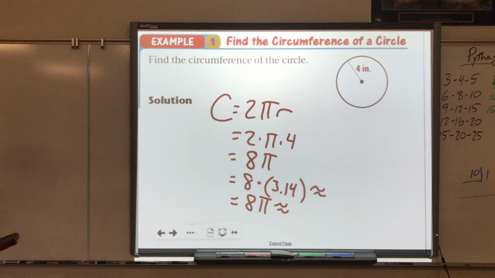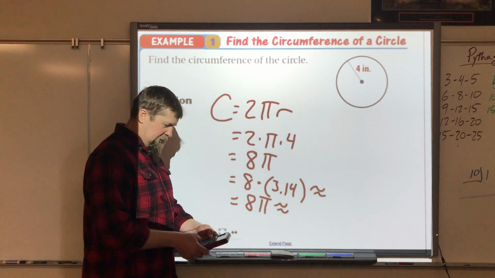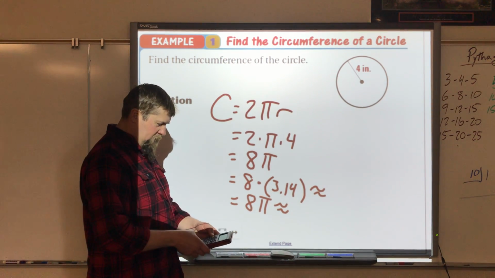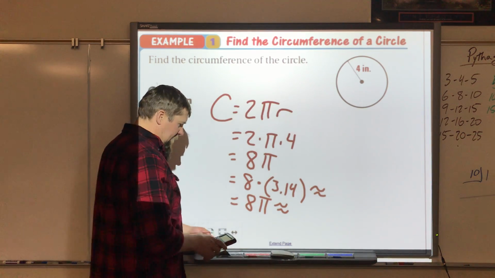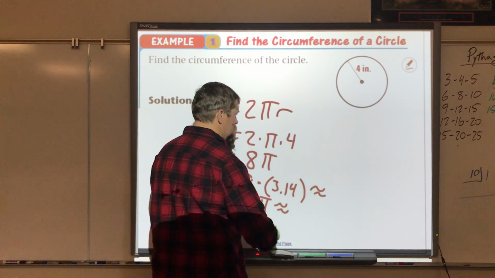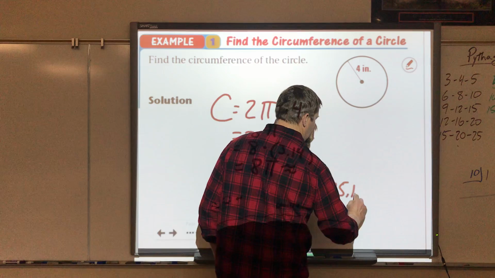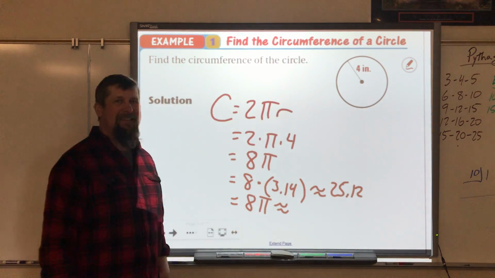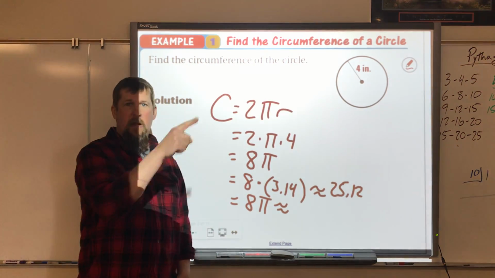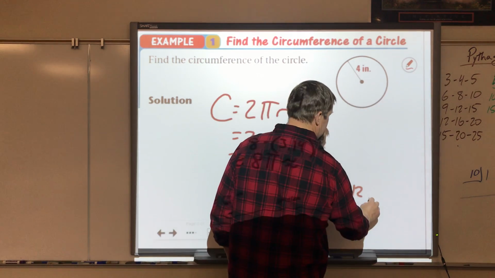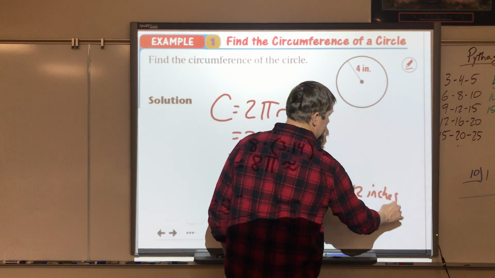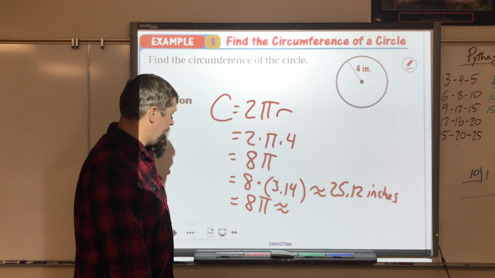So if I go ahead and say 8 times 3.14, I end up with 25.12. And of course, that is a distance because it's a distance around the circle, so it's just inches, not inches squared.